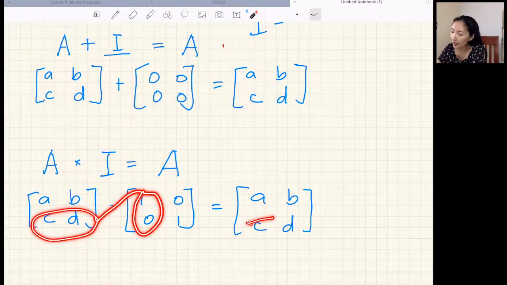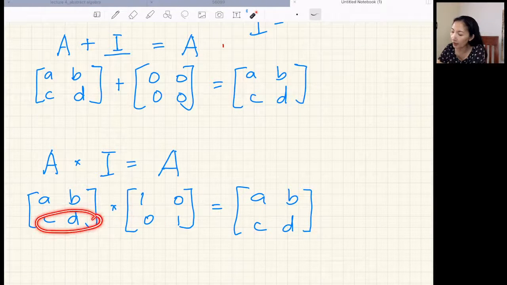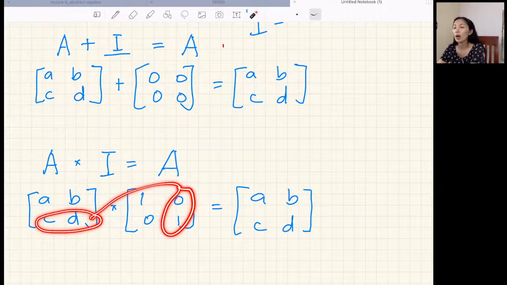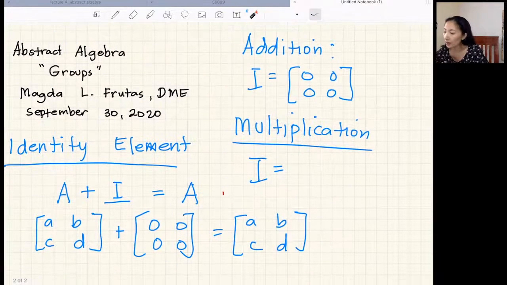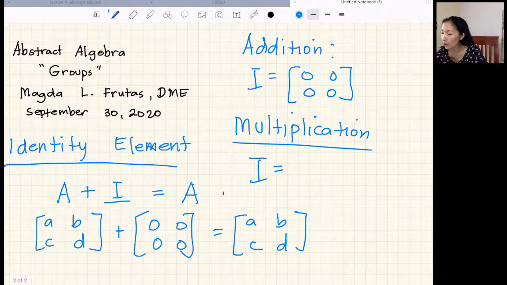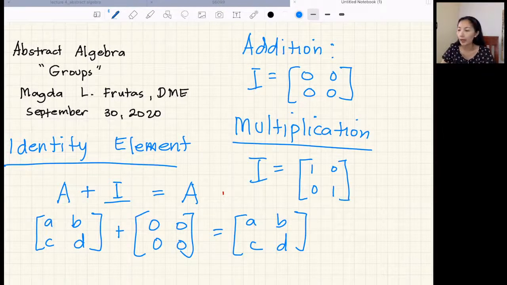And then C times 0, D times 1 will be D. Therefore, the identity matrix with respect to multiplication is a 2 by 2 matrix whose entries along the main diagonal are 1, 1, and the rest are 0.